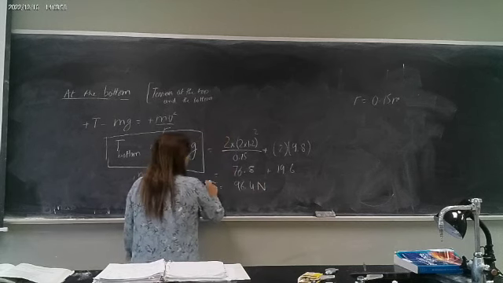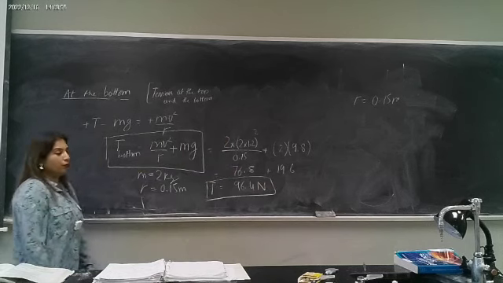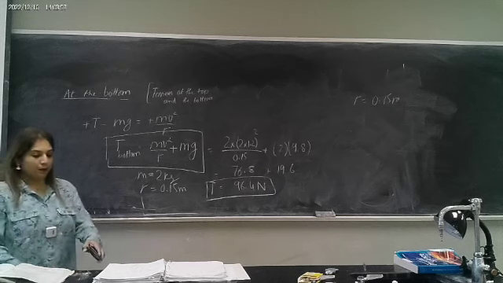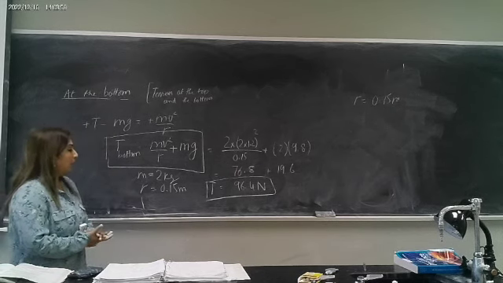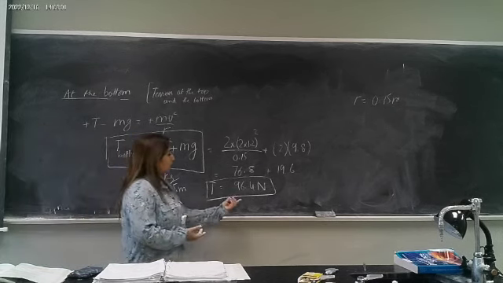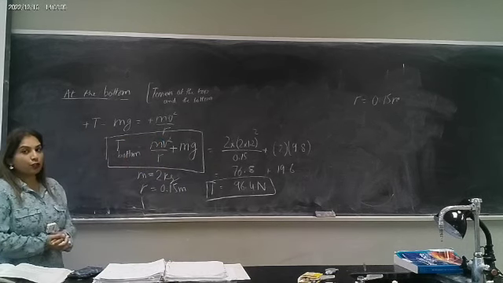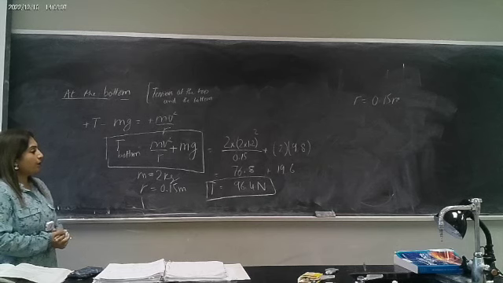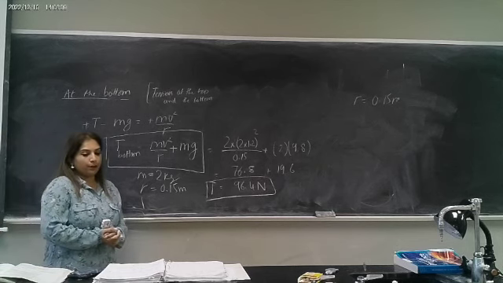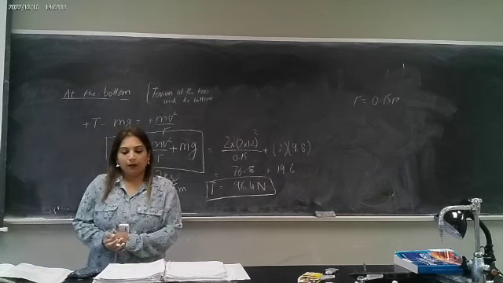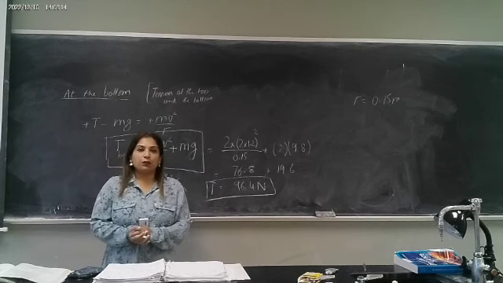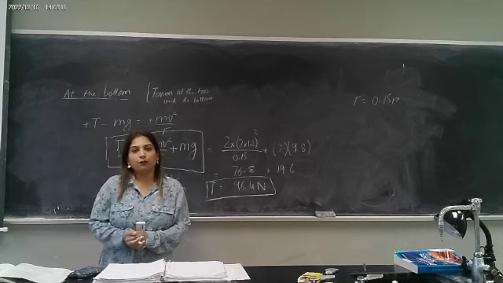This much tension it is producing, and it's greater than the weight of the object because it has to keep it going in that circle. So there must be enough tension in order to keep the ball in the circle. Let's stop here, and in the next video I will cover the Newton law of gravitation.